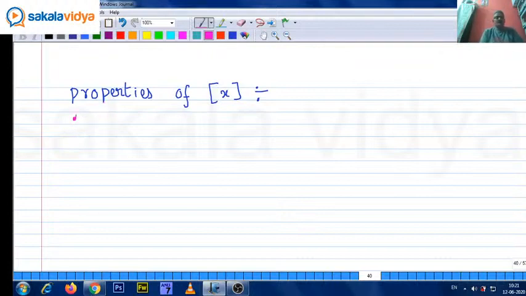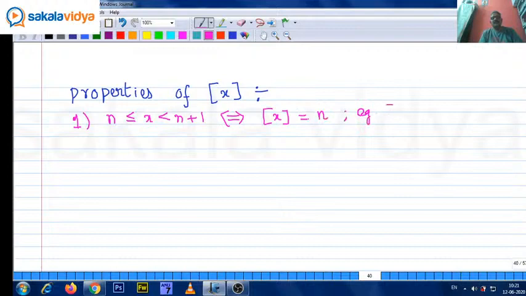First point. N less than or equal to x, x less than n plus 1 implies the integral part of x is equal to n. Examples: the integral part of 2.5 you can write 2. The integral part of 0.5 is 0. The integral part of minus 1.5 is minus 2.